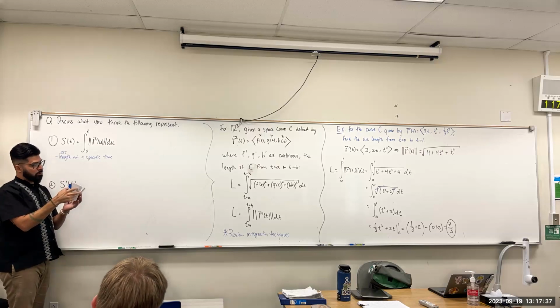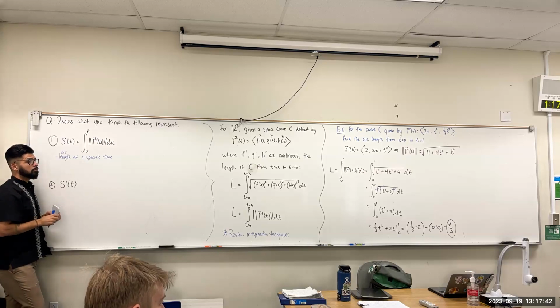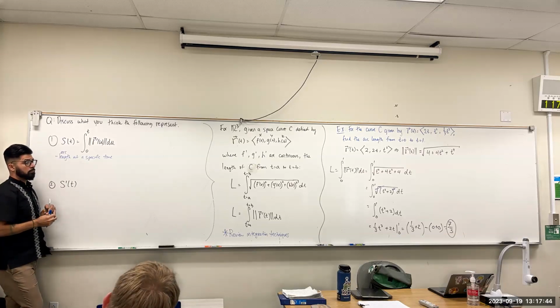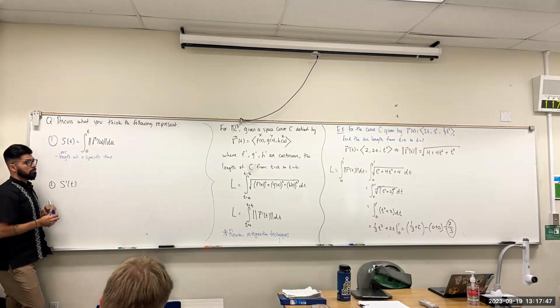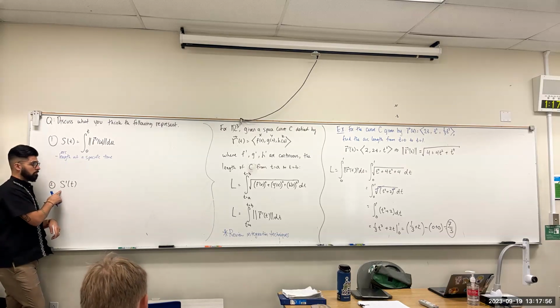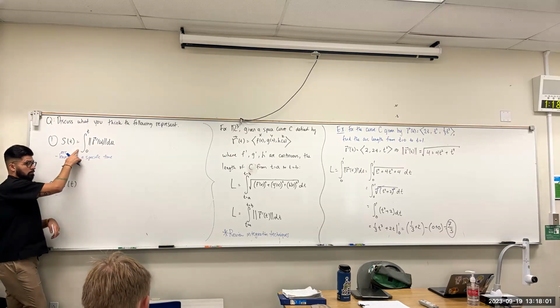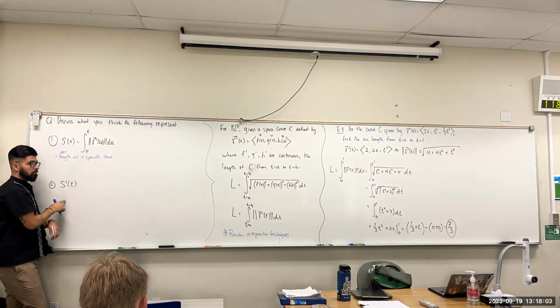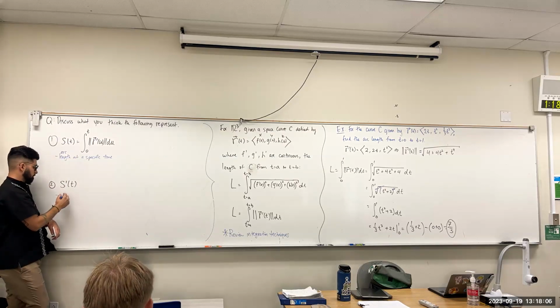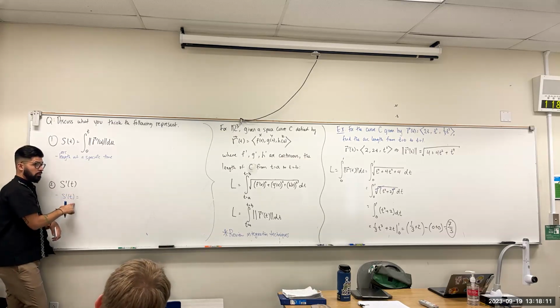Let me just hear from some more folks. We talked more about how we would visualize it. For the first one, we were thinking that it was maybe putting it into terms of a different variable. And for the second one, because the first is the integral of the magnitude of r prime, it would be just r prime because it's an integral. So when you say it would be, do you mean it equals?